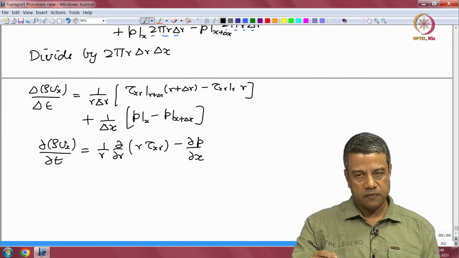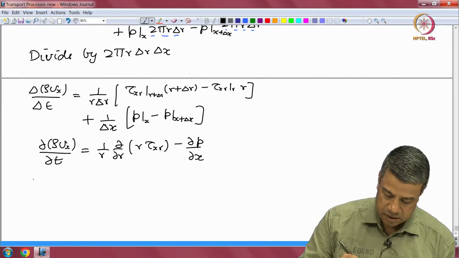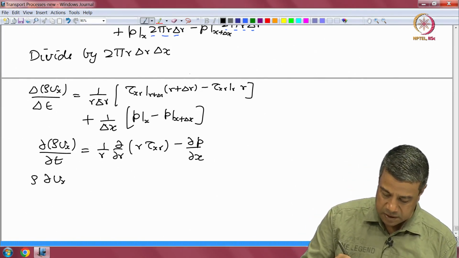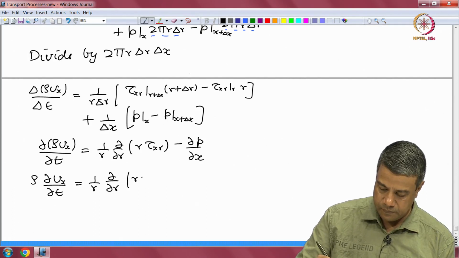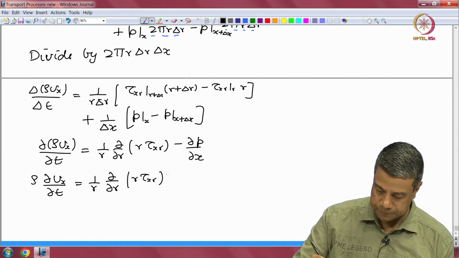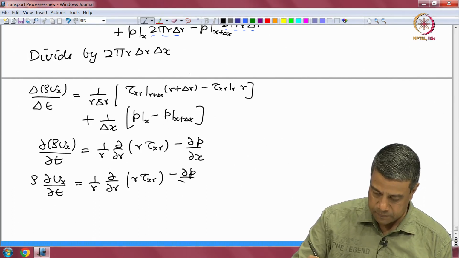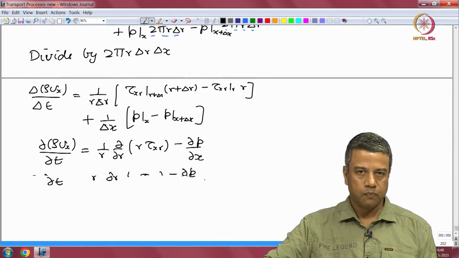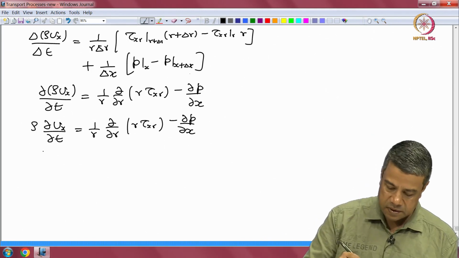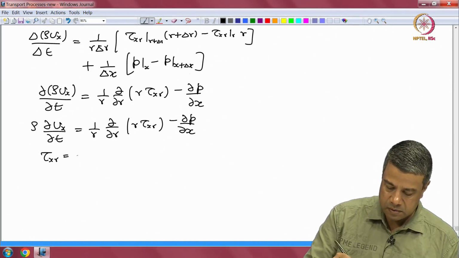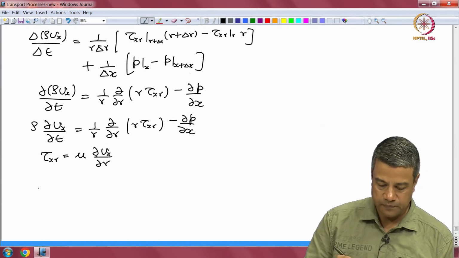For an incompressible flow, the density is a constant and I will get rho partial v x by partial t. Newton's law for viscosity, tau x r is equal to mu partial v x by partial r.